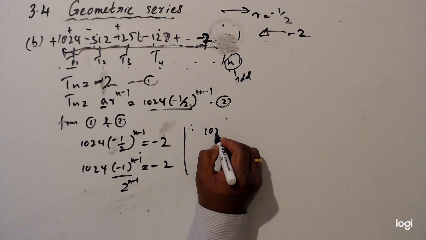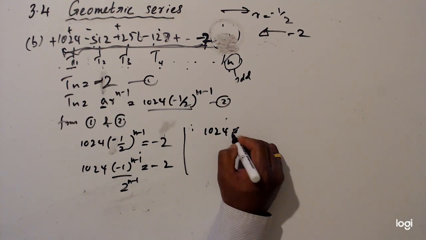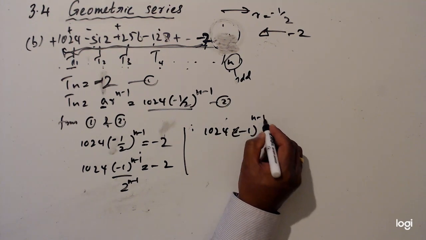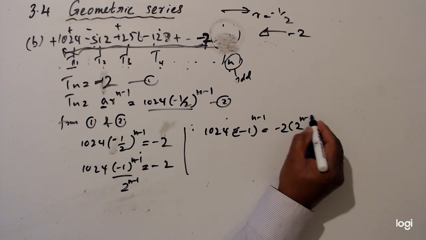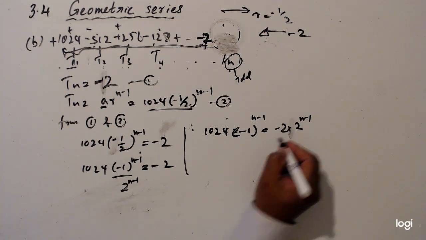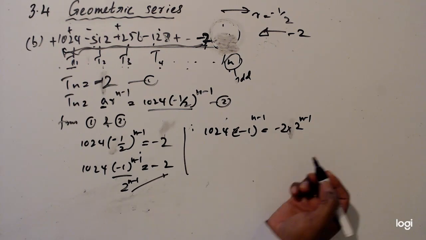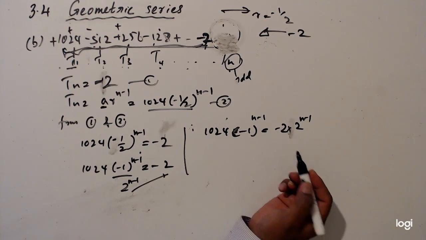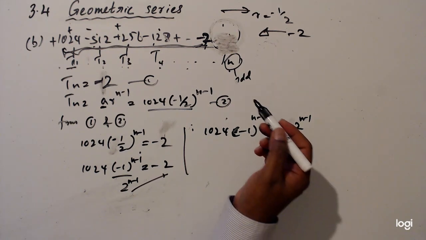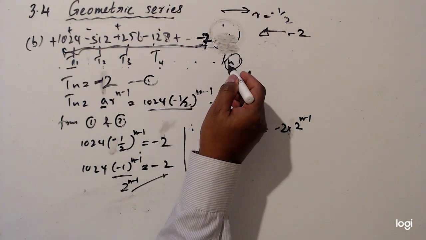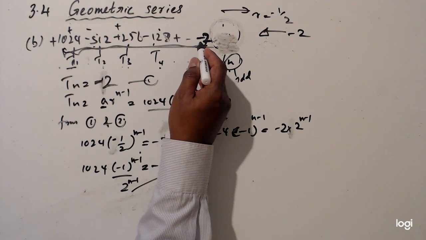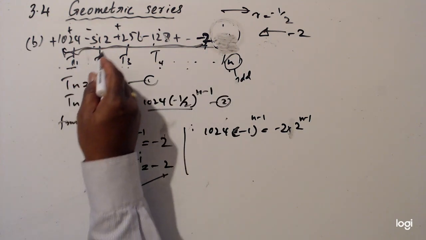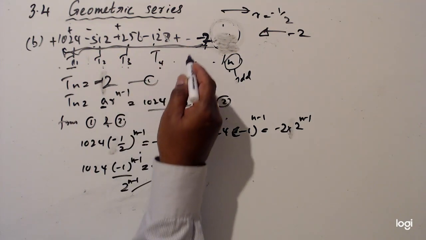So 1024 times minus 1 to the power n minus 1 equals minus 2 times 2 to the power n minus 1. Cross multiply. Now what is the argument? Here we know this is positive early on, but now we know that this is negative. The negative ones are even ones.